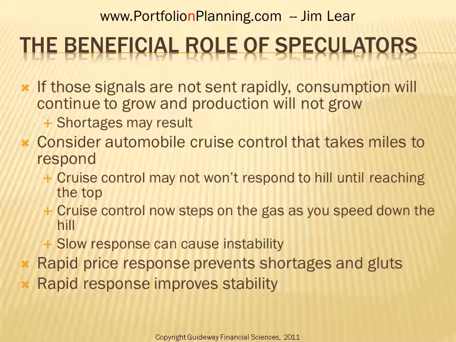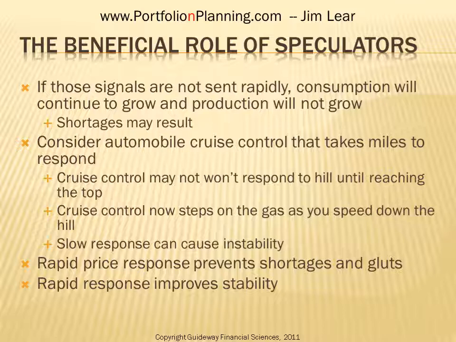If those signals are not sent rapidly when prices get too high, consumption will continue to grow while production may be sluggish to grow. Shortages may result, and there may be long lines at gas stations. Imagine a cruise control in an automobile that takes miles to respond to hills and valleys. One might hit a hill, and the cruise control may not begin to increase power until the top of the hill is reached.